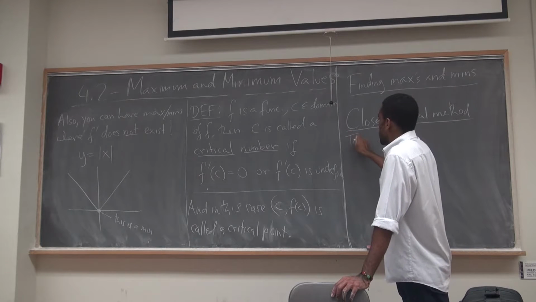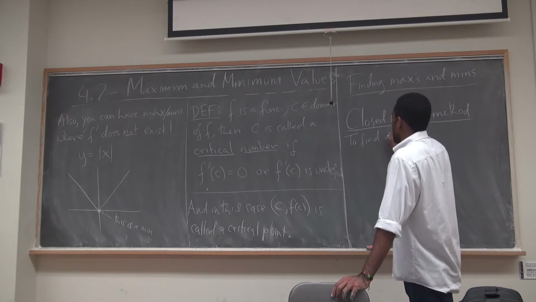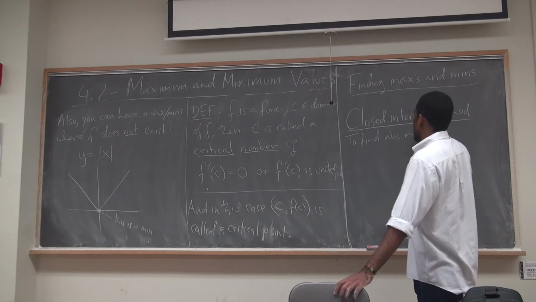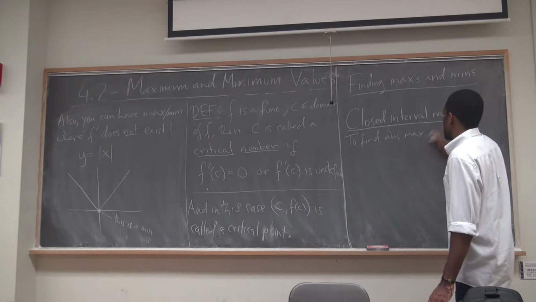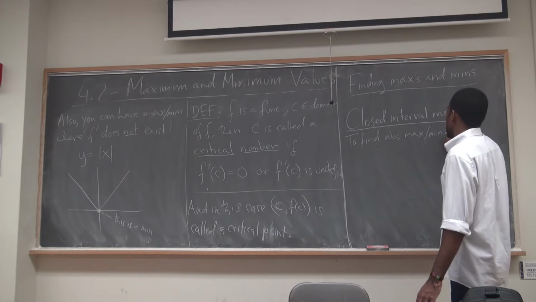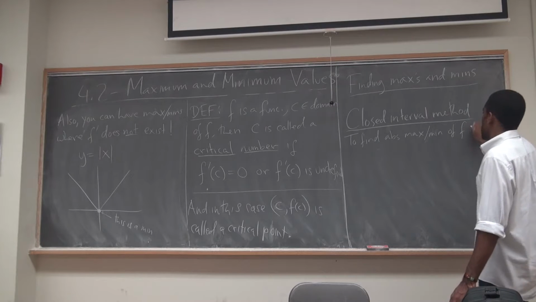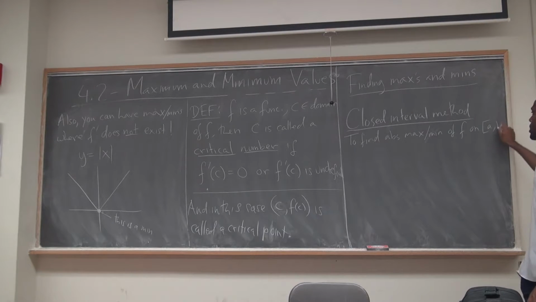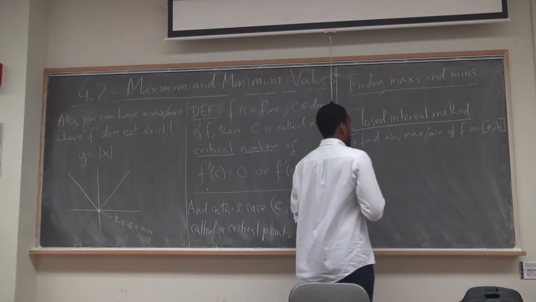So it says to find the absolute max or min of f on an interval AB, right? It has to be a closed interval AB, called the closed interval method.